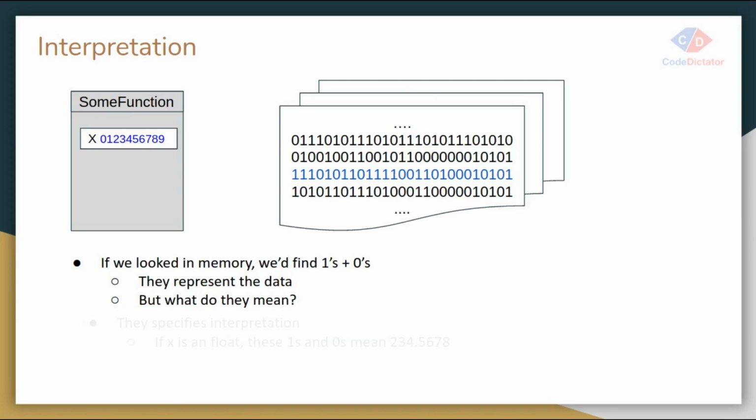If X is a different type, like floating point, then it will have a different meaning; X is holding a floating type value, which will now be 234.567, some floating point value.